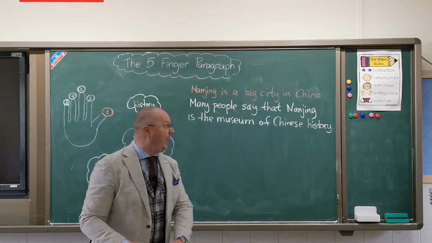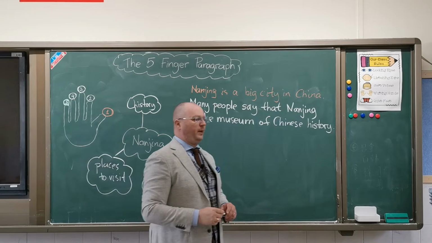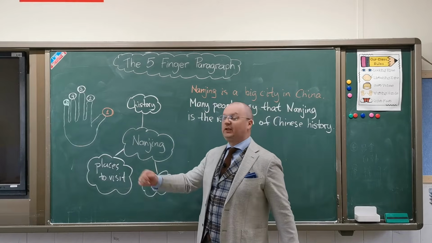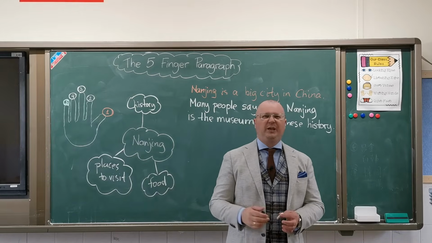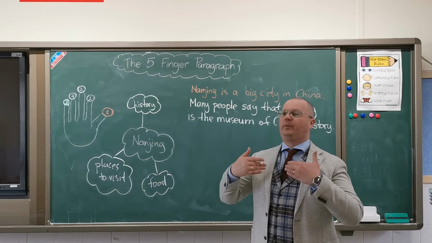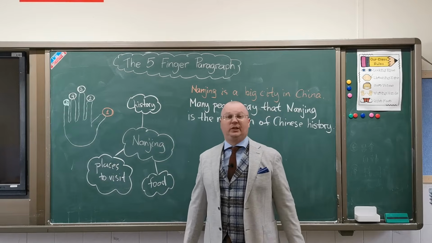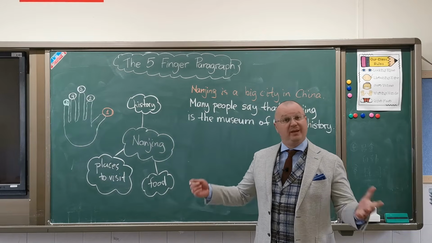Great. So we have the first sentence. Next one, let's talk about maybe places to visit. And let's keep it general because it's, you know, the first paragraph, something that we introduce. So let's just say that there are many places to see and many things to do.